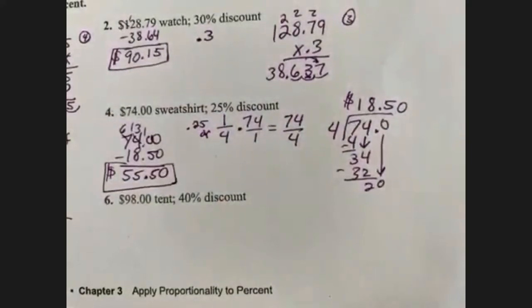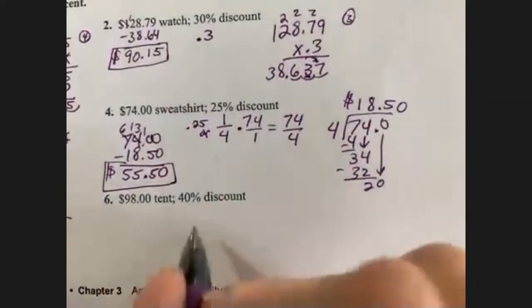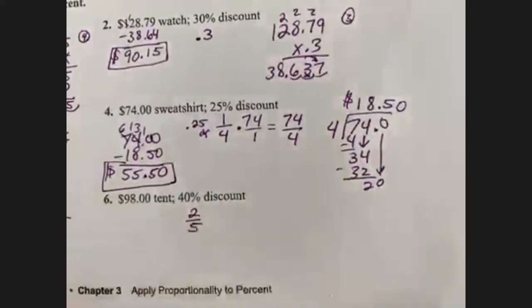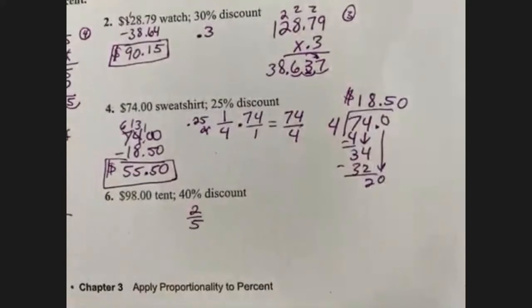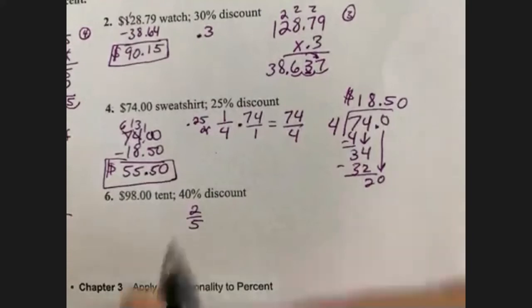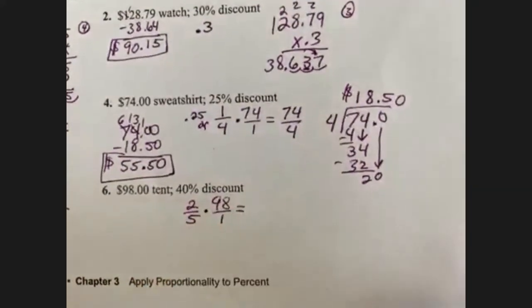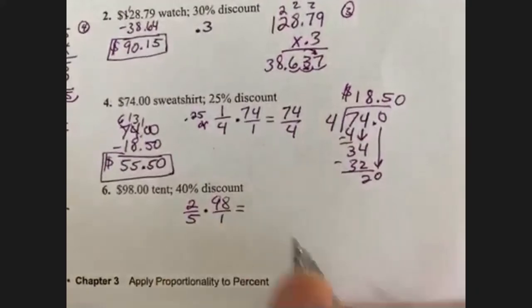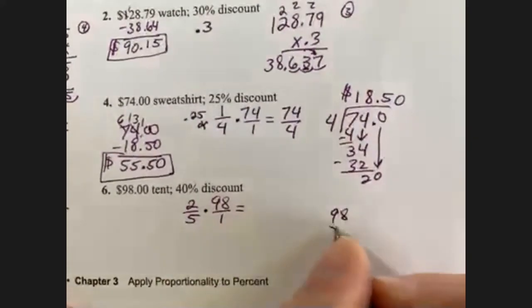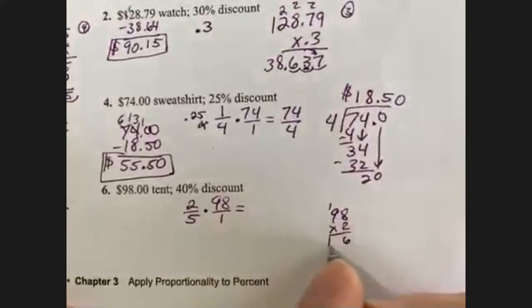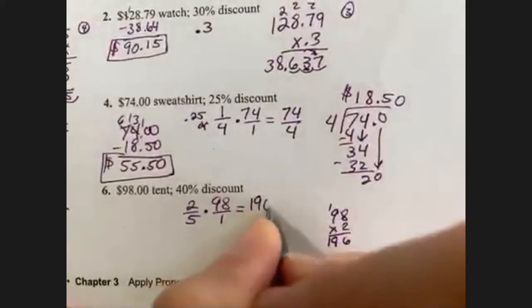Last one, 40%. So some of you might know that this is 2/5. 1/5 is 20%. 2/5 is 40%. If you don't know it, you could do 40 over 100 and do some canceling, and I'm multiplying by the $98.10. And so 98 doubled twice, so 98 times 2 is 196 over 5.